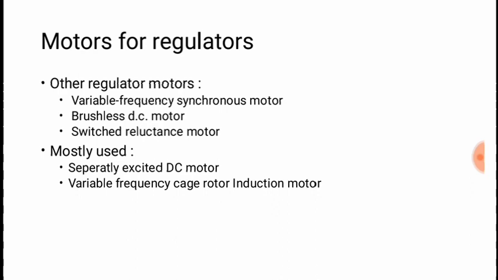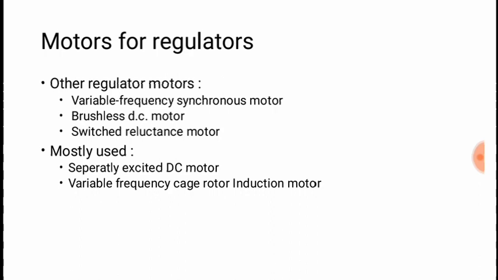In your syllabus, you are not studying synchronous motors and brushless DC motors. They are not much used, but you have to study the switched reluctance motor. These are also used: variable frequency synchronous motor, brushless DC motor, and switched reluctance motors. These three are also used for regulator applications, but they are not much popular.